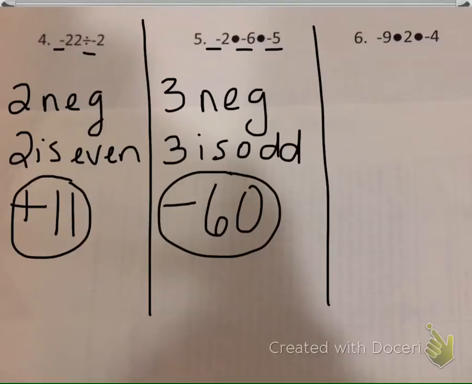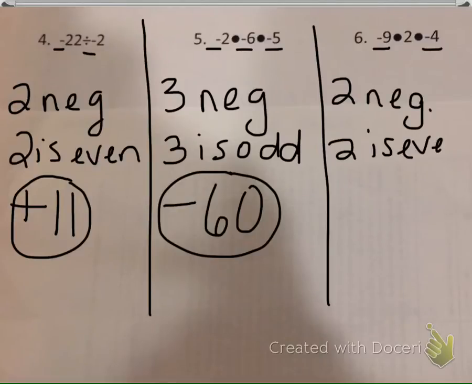Okay, number 6. We have how many negatives? 1, 2. 2 negatives. Okay, 2 is even. So my answer is positive. And on this one, I would multiply 2 times 4 first, which is 8, and then 8 times 9, which is 72. Because you can multiply that however you want.